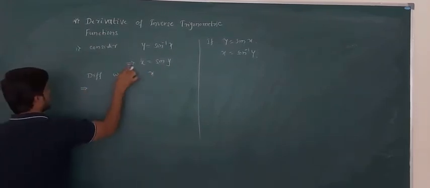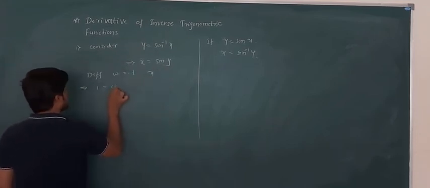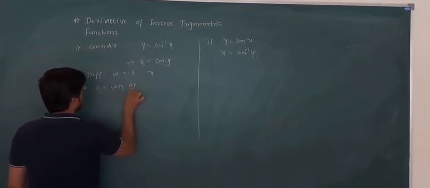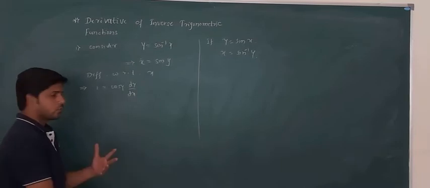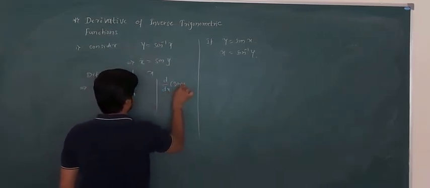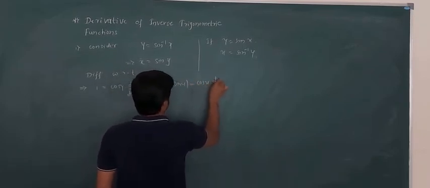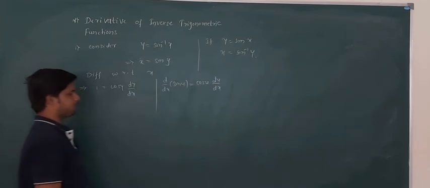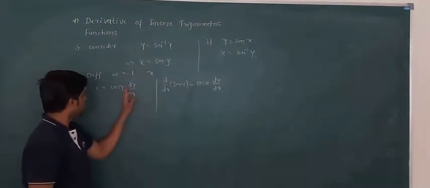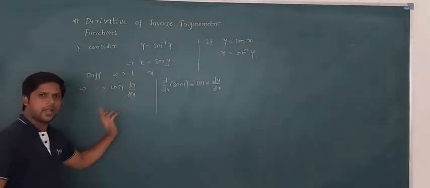We get 1 is equal to cos y into dy by dx, because we know that d by dx of sin u is cos u into du by dx. In place of u we have y, so the derivative of sin y is cos y into dy by dx.